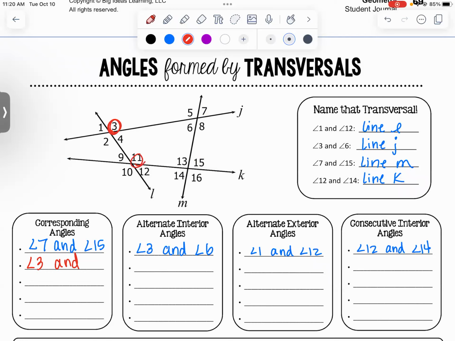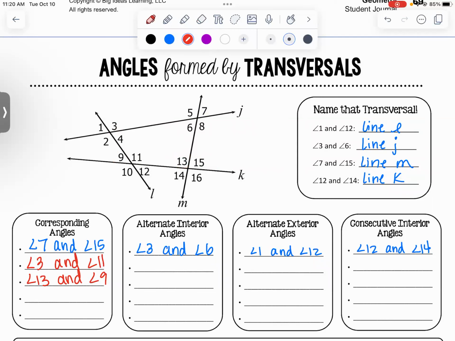Yeah, 11. Is he right? Yeah. What else could he have said? Yes, he could have said 7. All right, I'm going to pick another one. I'm going to pick angle 13, and I'm going to ask Alex to give me a corresponding angle to angle 13. Angle 9, very good.